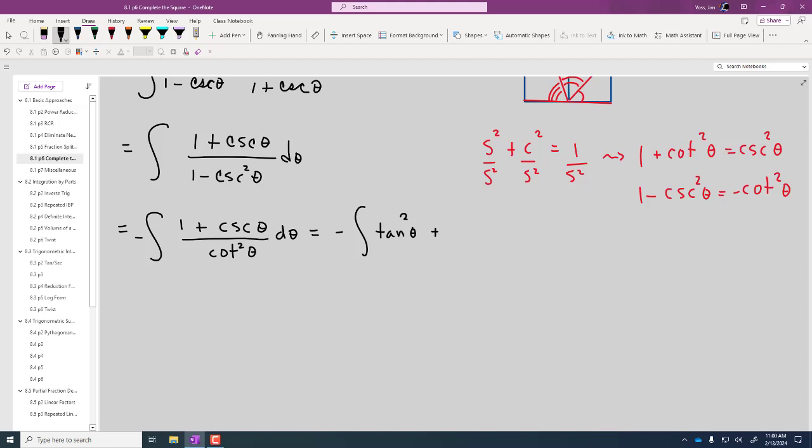So let's see. Cosecant is 1 over sine. Cotangent in the denominator would be tangent in the numerator. And so we can think of this as tangent squared in the numerator, which is sine squared over cosine squared.